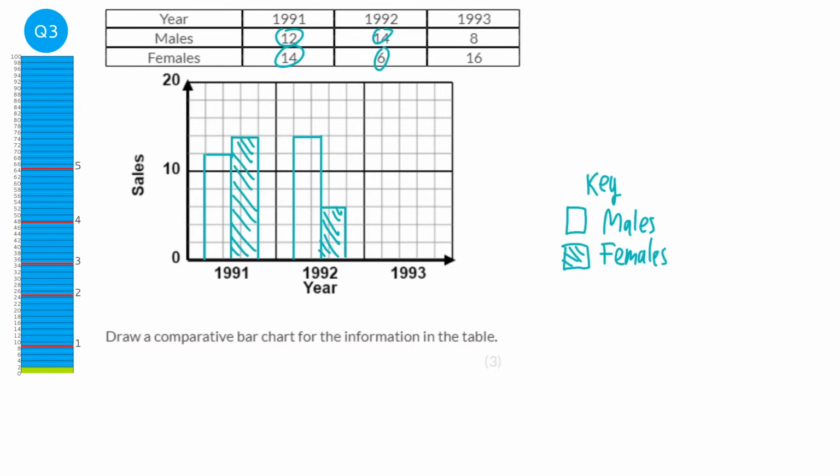And then finally, we've got 8 and 16. So 8 would be here. Then 16 would be up here. And finally, obviously, we're going to shade in the females.